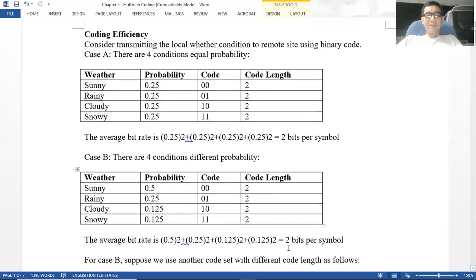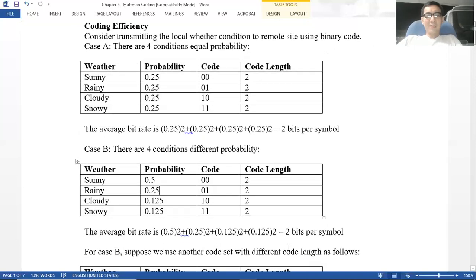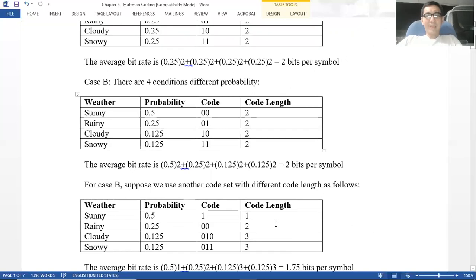But if you code it in a different way, using a code set where not all have the same code length, for example, sunny day only 1 bit, and then snowy and cloudy have 3 bits, longer.